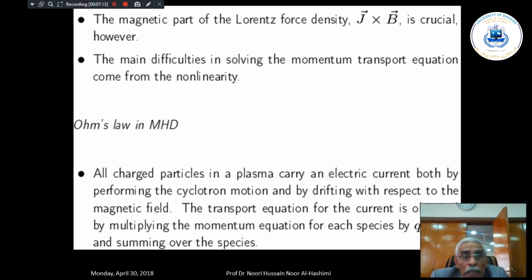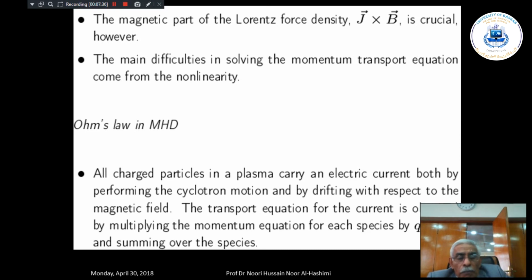The magnetic part of Lorentz force density J cross B is crucial, however. The main difficulties in solving the momentum transport equation come from the non-linearity. عدم الخطية اللي موجودة بالمعادلة.